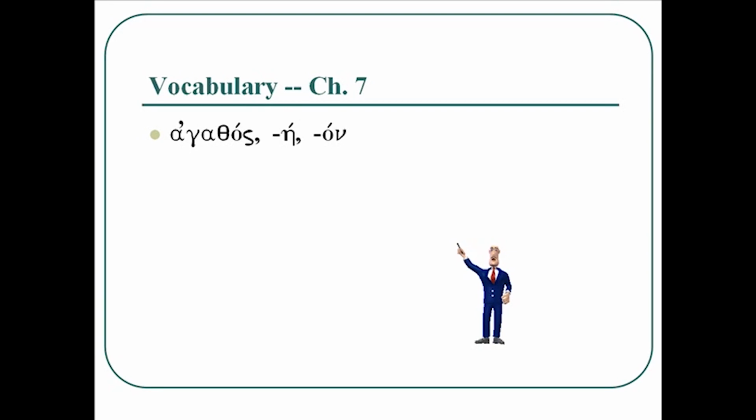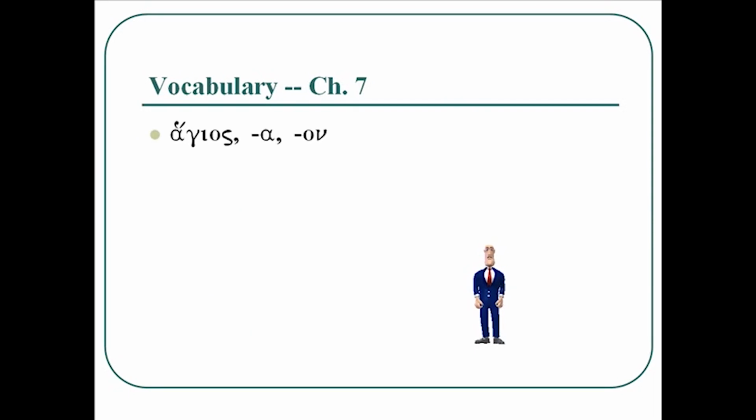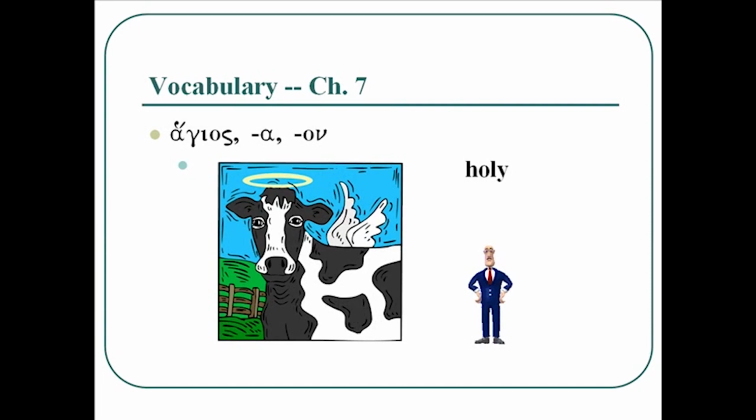Os, e, on then tells us that this is an adjectival form, and so you'll notice it's not a noun which has a genitive and article following, but rather the masculine, feminine, and neuter forms are given, which indicates that this is an adjective and not a noun. Agathos means good. The second word is hagios, a, on, and it means holy.